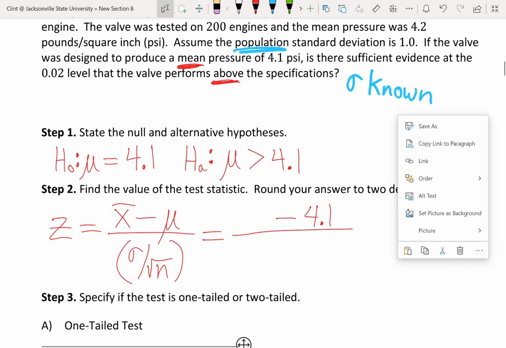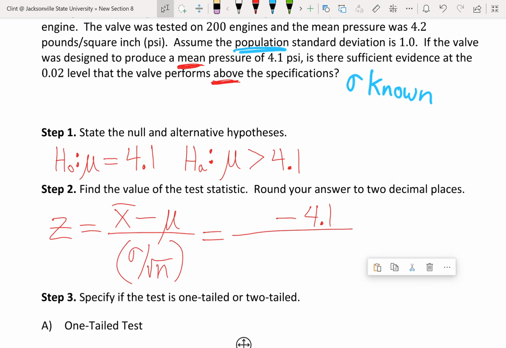The other numbers, we look back at our problem. It says the valve was tested on 200 engines. That's going to be n. Of those, the mean was 4.2, so that's our sample mean, x bar. And then it says assume the population standard deviation is 1.0. So we'll get 4.2, our x bar, 1.0 is our standard deviation, and then square root of 200.